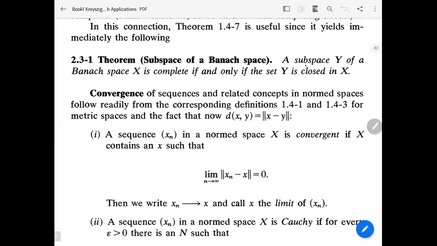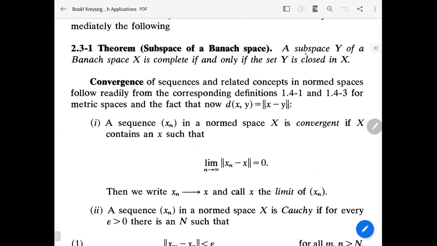So then, a subspace Y of a Banach space X is complete if and only if the set Y is closed in X. So this is very similar to the result we did for the metric space. So for a subspace in a complete metric space, the subspace is itself complete if and only if it is closed in the metric space.